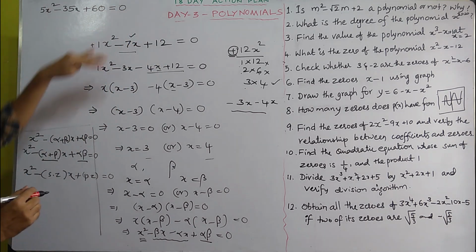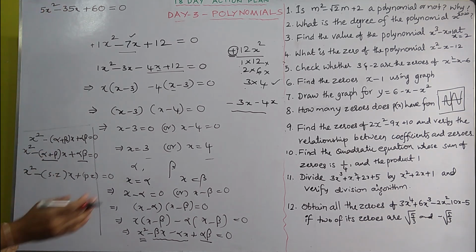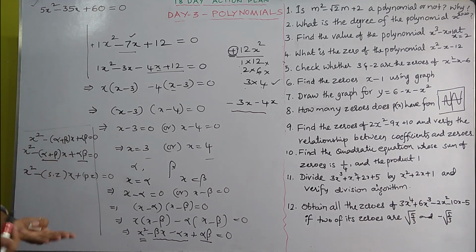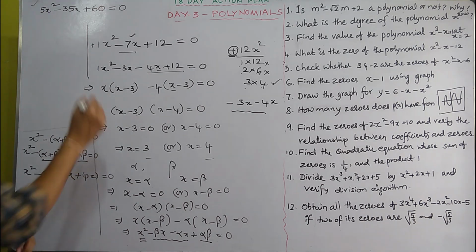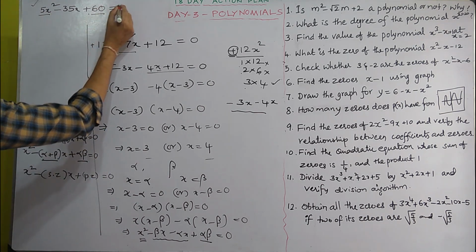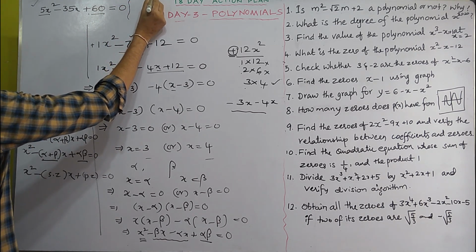Now if you factorize this and if you find zeros, what do we get? Let us see. Because you have multiplied it by 5, let us see what exactly happens. Do the zeros also get multiplied by 5 or what happens? So you are multiplying the first term and last term. 5 sixes are 30, so 300 x square.